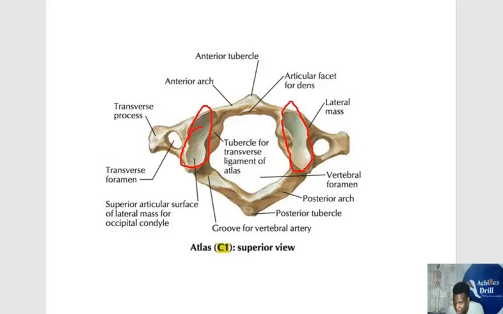Okay, so they are right there, and it has a very large cavity in front here in the midline. Sometimes you can have a probe right here. Now this region is occupied by the odontoid process, the dens of the axis, the second cervical vertebra.